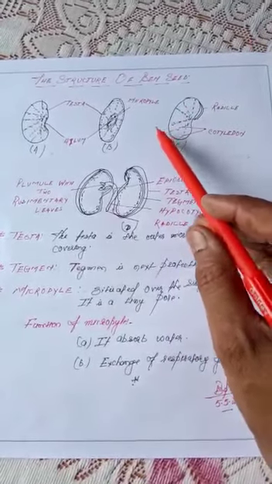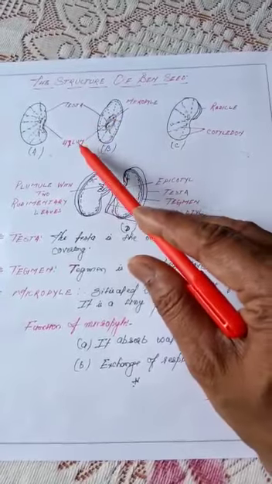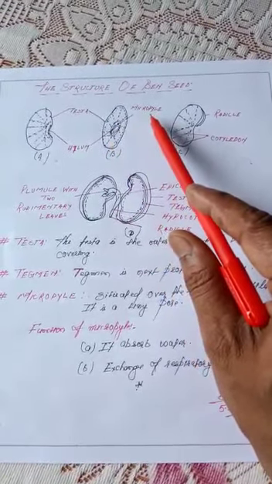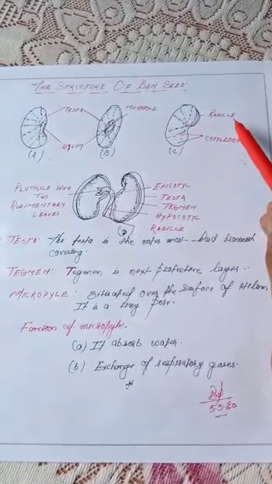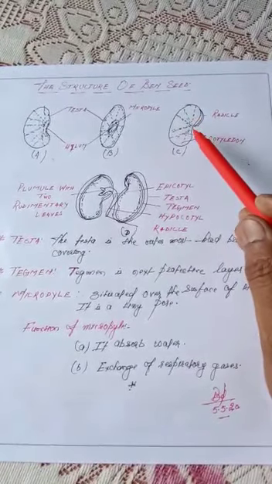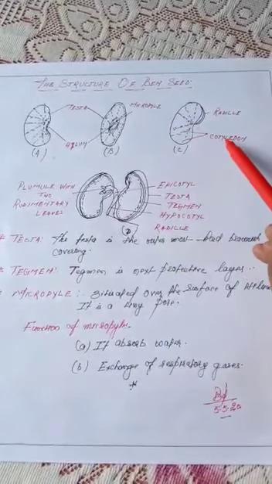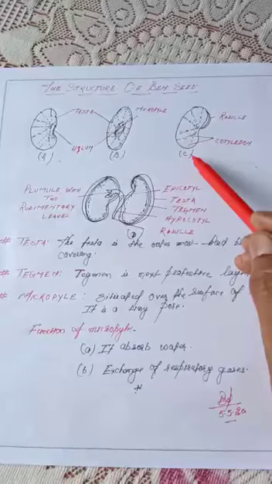And micropyle, you can see a very small pore which is situated over the surface of the hilum. This is nothing but the micropyle. And in diagram C, you can see the radicle. As you know, bean is a dicot seed, a dicotyledon seed. So cotyledons are clearly visible in diagram C.